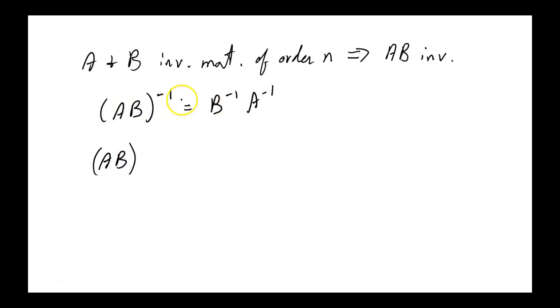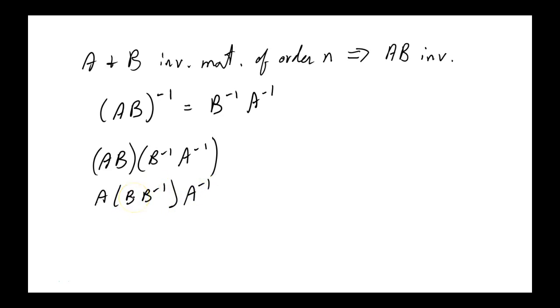We said the inverse of this is B inverse times A inverse. Now what you can do here is group these differently, as A times B, B inverse, times A inverse.